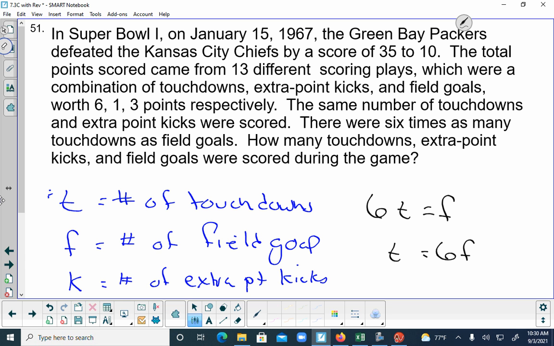Well, here, let's say it says 6 times 2 would equal 12, yeah? So the field goals is larger there, yes? But if I had 12 is equal to 6 times 2, now the number of touchdowns is larger, yes?